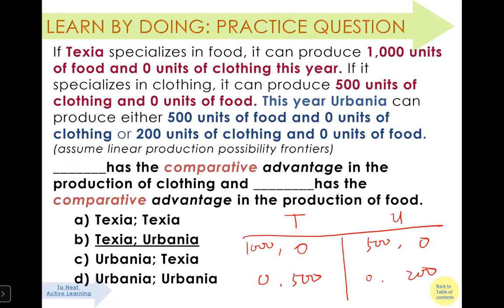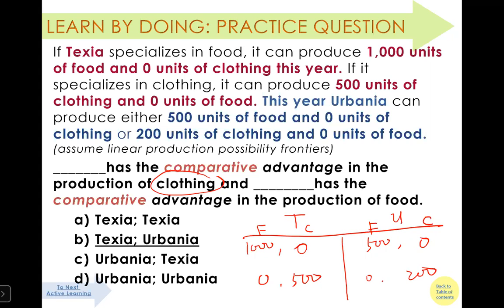Now we need to find out who has comparative advantage in the production of clothing. I guess I messed up the order. This is food versus clothing. I see, I flipped it.